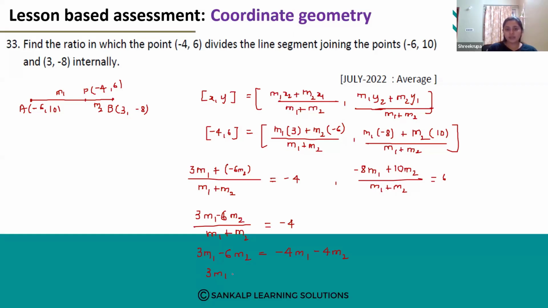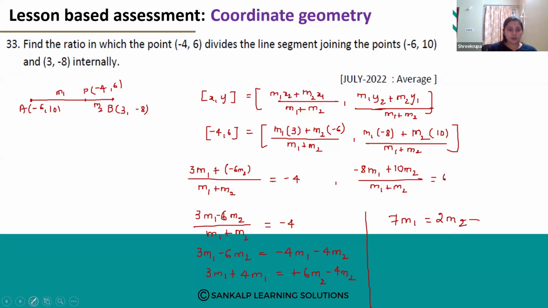When it shifts to the other side, it will become plus 4m1. Similarly, this -6m2, when we shift it, will become plus 6m2, minus 4m2 is there. So 3m1 plus 4m1 will become 7m1 equals 6m2 minus 4m2, which is 2m2.